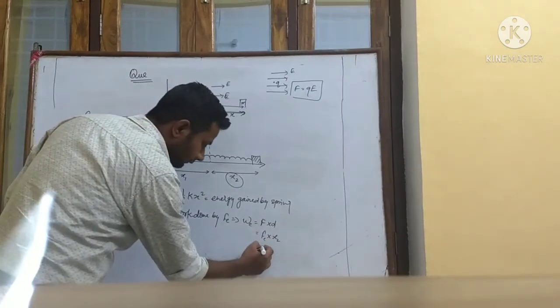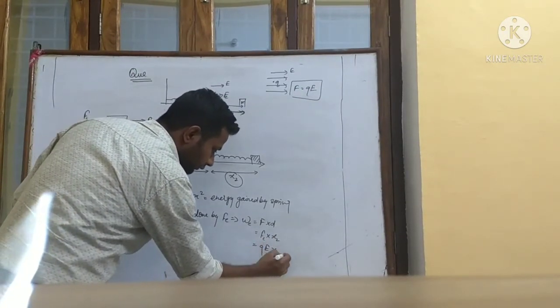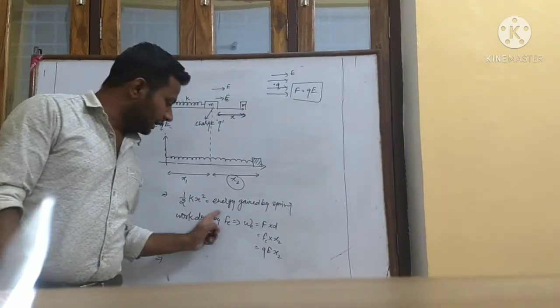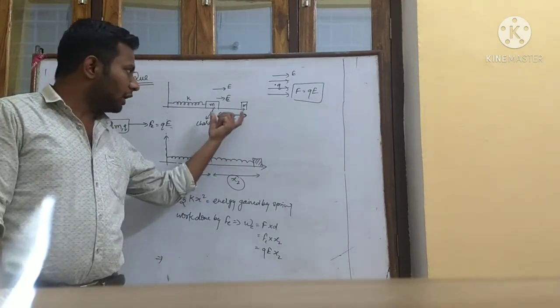So this Fe is QE, and the work done is QE x2.